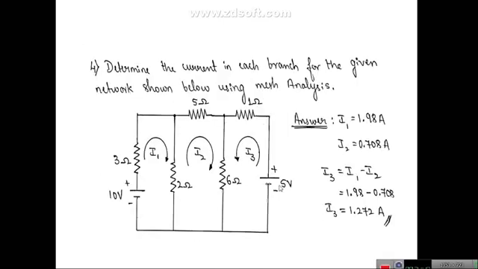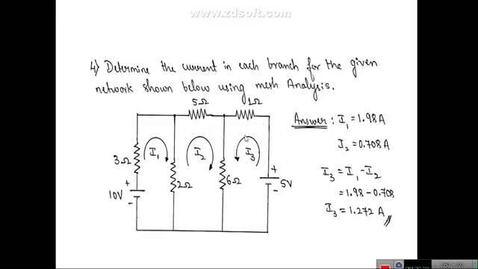Here is another example. Determine the current in each branch for the given network shown below using mesh analysis. For this network, you need to identify the number of junction points, the number of branches, and then the number of mesh equations to be written.